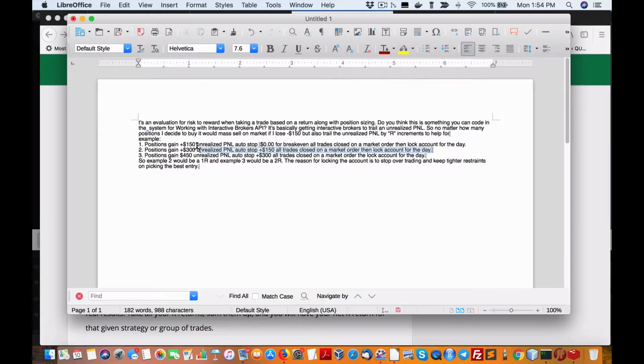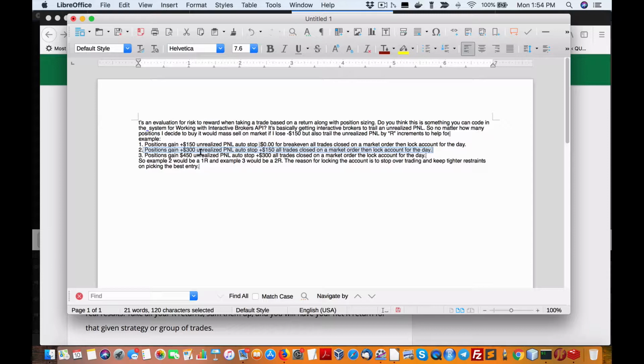That is something I can talk about as well, locking in the account for the day. Number 2: positions gain $300 unrealized P&L, auto stop at plus 150, all trades closed on a market order, then lock the account for the day. Again, that's important as well.